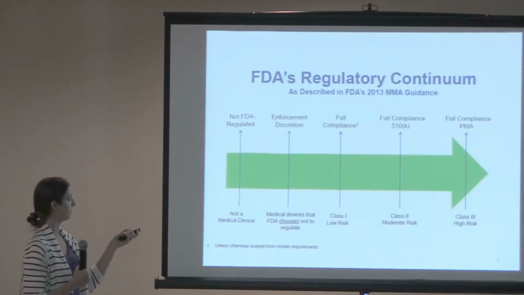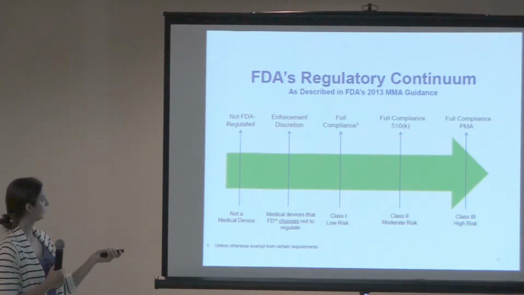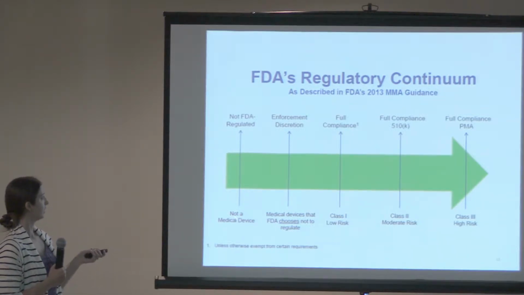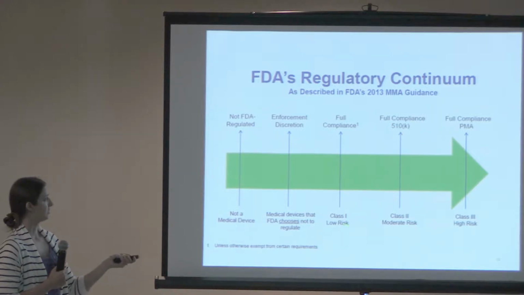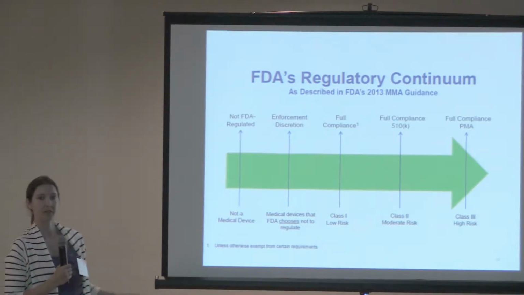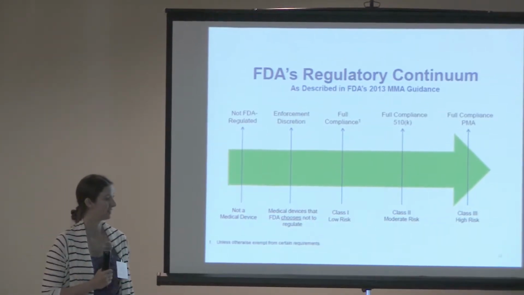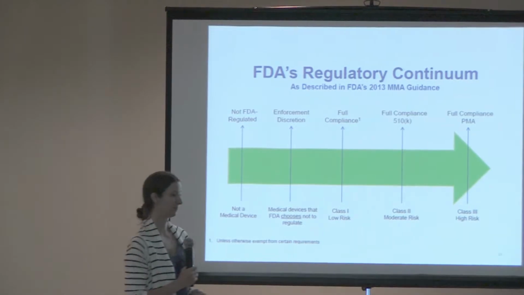So you have to be careful about that category. So just as a general schema, this is kind of the lowest monitoring to the highest monitoring that the FDA will follow. And with that, I will pass it on so we can learn more about each of the devices that are out there and being developed.